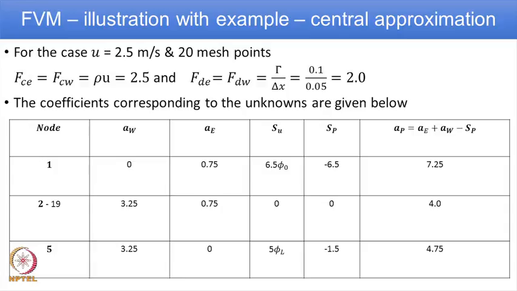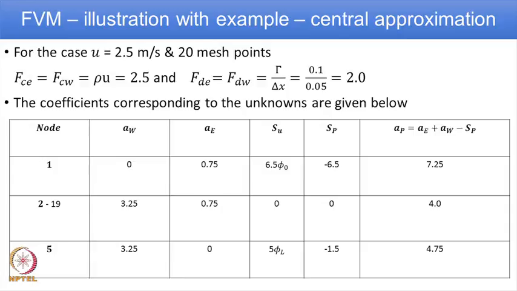So, you can see node 1 which is near the left boundary and node 5 which is near the right boundary, and all others are internal nodes, and we get the coefficients calculated. As we have observed before, for internal nodes there is no source generation, hence they are all 0.